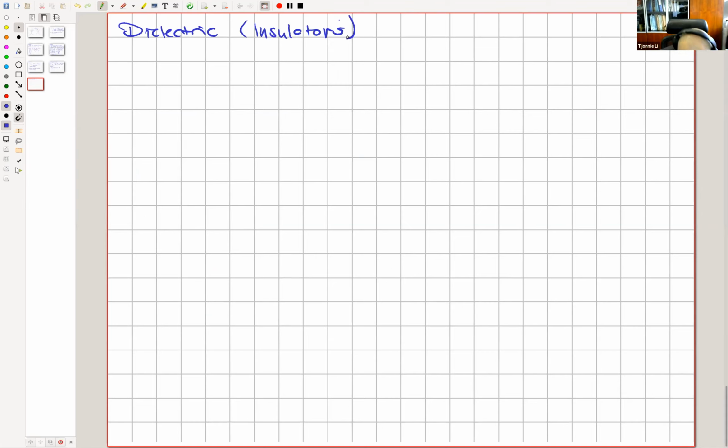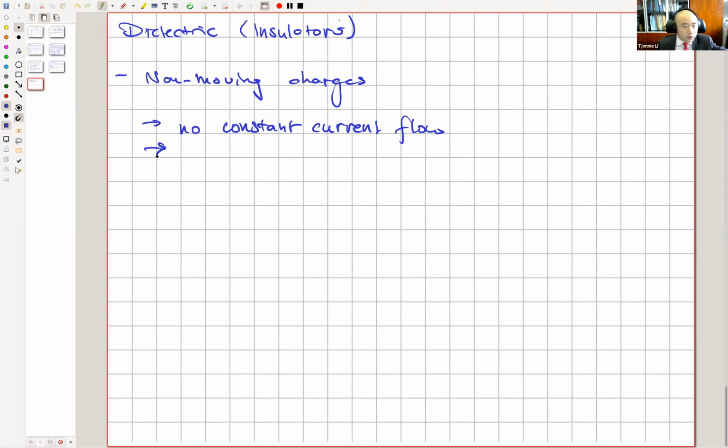Okay, and in particular, we have basically non-moving charges in such a way that there is no constant current flow. In other words, there's no current flow that could redistribute the charges.